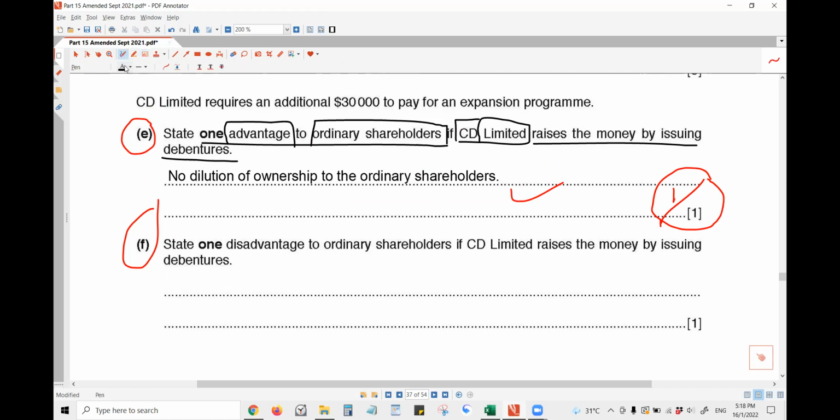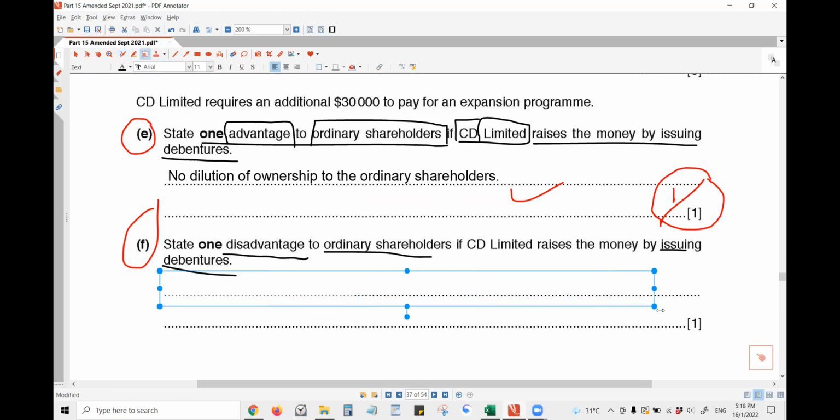Okay, next, you have question F asking for a disadvantage, which is the other way around. To them, if the company issues debentures. So you can talk about the priority again. Let's write again. Okay, let's write the answers again.